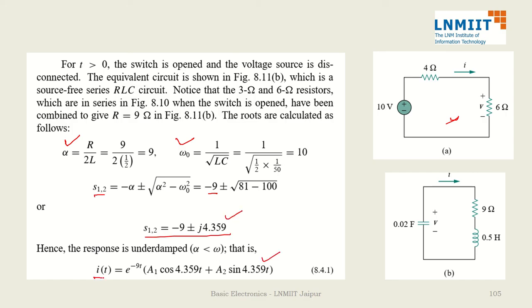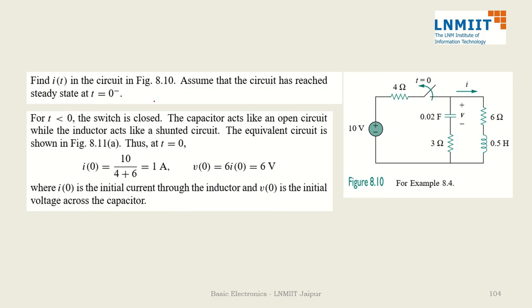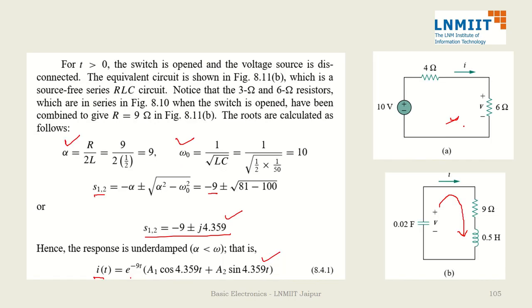In this equation put t equal to 0. Can you calculate the initial current in the inductor? That is given in the statement. Whenever we give you such questions, we give the initial current, or you can calculate it.